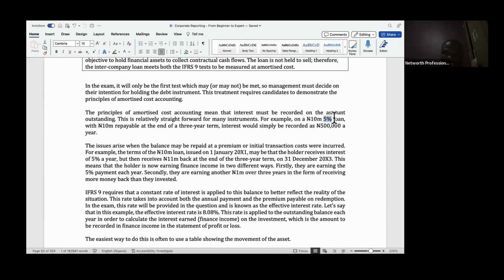It won't change. So in year 1, you are getting 500,000, year 2, you are getting 500,000, and year 3, you are getting another 500,000. That goes to show that the profit on this investment is just 500,000 every year over the 3 years, and that 500,000 simply goes to P&L.